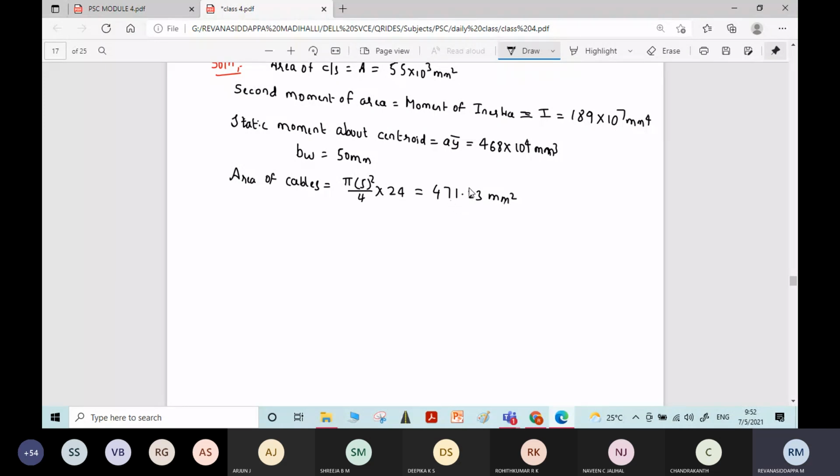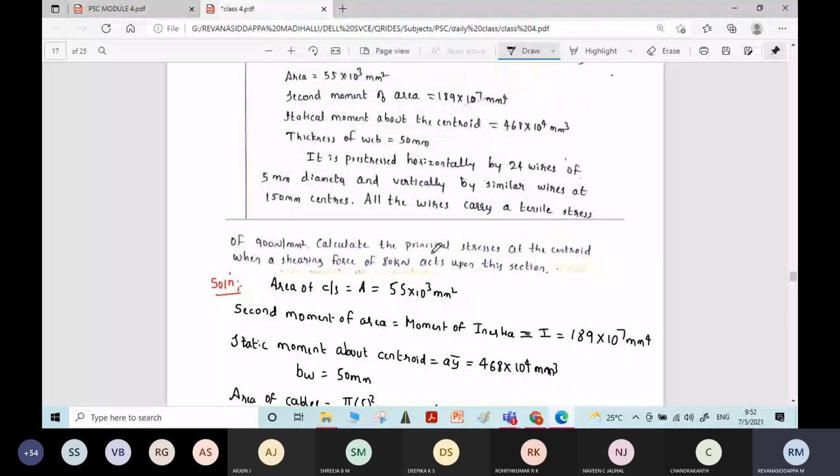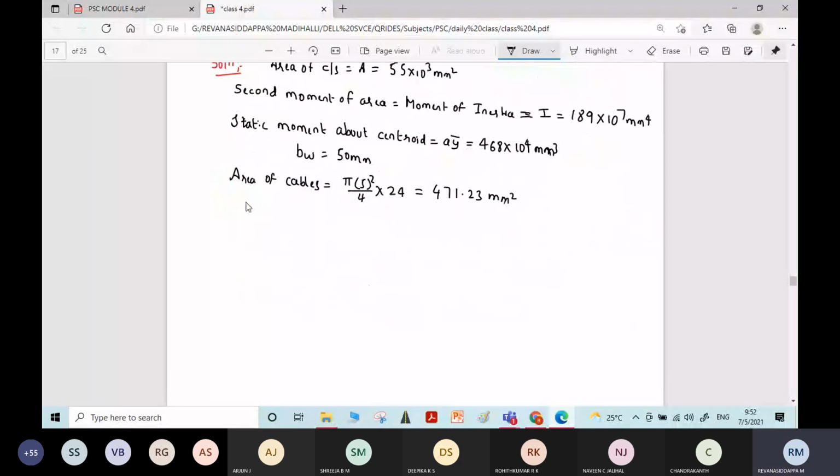The stress in the cable is given. Tensile stress is 900 Newton per mm square.